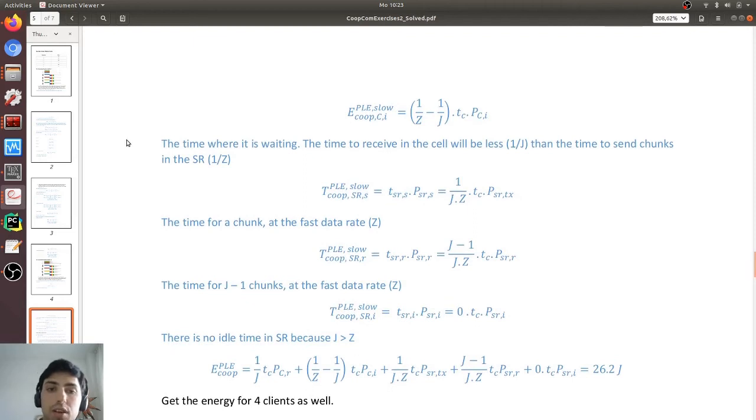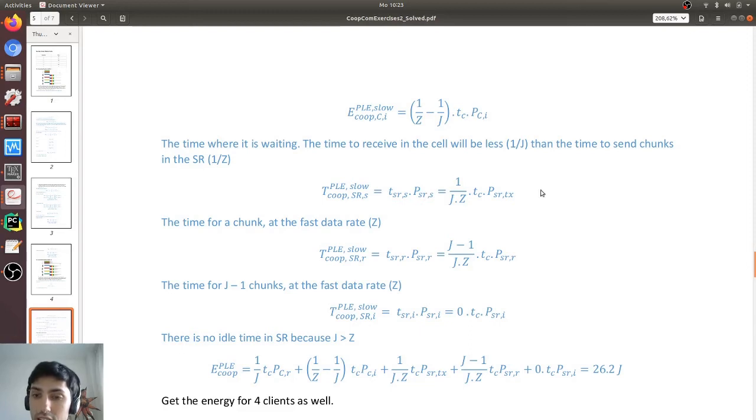Okay, so what we see now is exactly the same as what we saw in the first exercise. In the first exercises, the time to receive will be less than the time to send chunks in the short range, and so we multiply the time to send by the power to send.